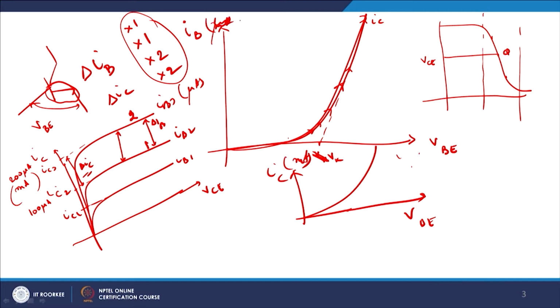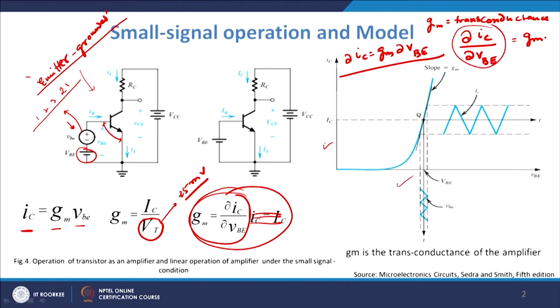So, let me show you, if you plot IC versus VBE here, and on the input side you vary VBE, this is your input curve, it is a triangular waveform which you have given. Again, assuming small signal, the Q point is just shifting from this side and coming to this side.